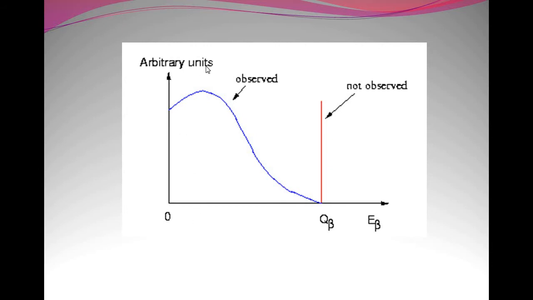Then it again decreases, and this is the maximum value, and that maximum value will be the Q value of the reaction. So that energy is the maximum energy that a beta can have, and above this you have no beta particles. That is why this is written as not observed and this as observed. So this is known as the end point energy of beta, and this will be discussed in detail in your beta decay chapter.